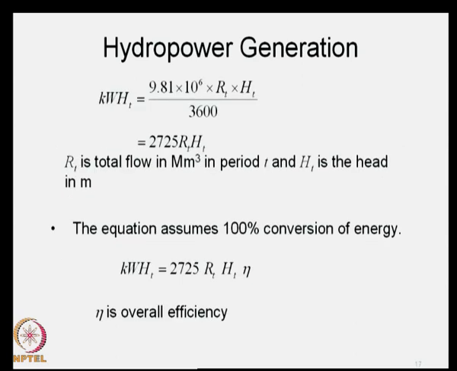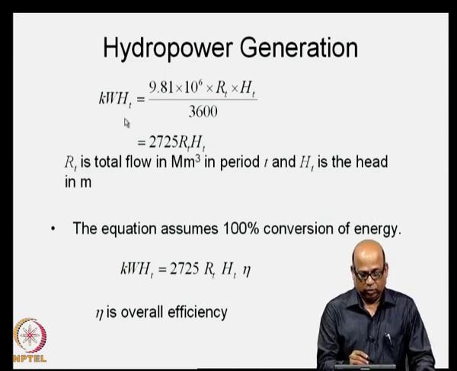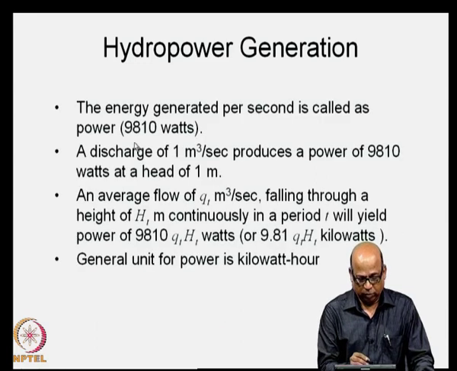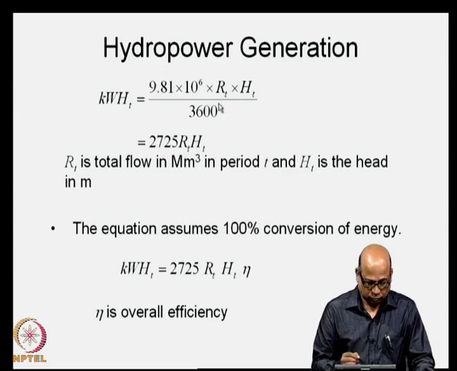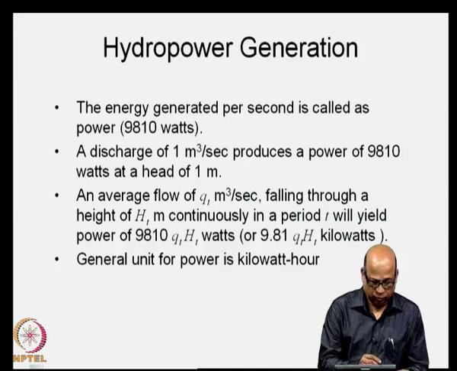So, starting with this now, let us say that your kilowatts was 9.81 QT meter cube per second. Okay, let us derive this, so that there will be no confusion.